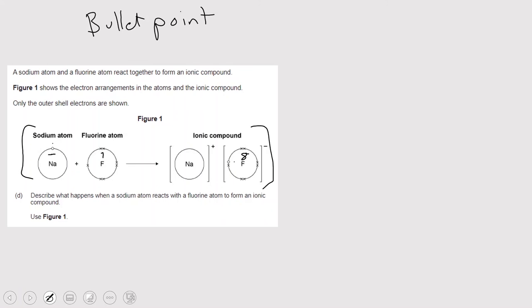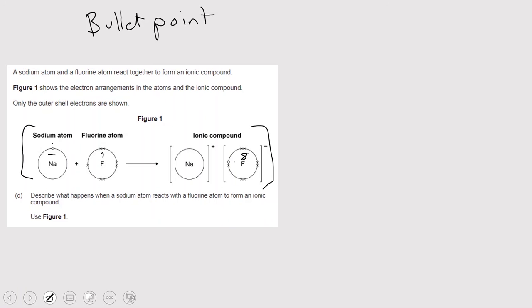So we can make this very simple. Now, ionic bonding is something where you can get marking points for several points within a sentence. So when I break this answer down, remember, sometimes we're going to be doing bullet points that aren't a full sentence because it's a marking point, but sometimes these marking points aren't requiring lots and lots of writing.